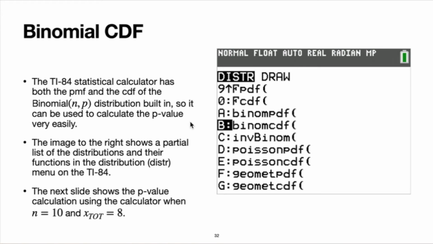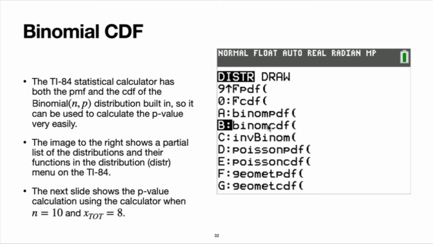But on the TI-84, if you go to the second key and then DISTR, you will get the distribution menu. If you scroll down, you will see the binomial. It says PDF, but it's really a PMF. So the binomial distribution PMF is option A, and option B is the binomial CDF.